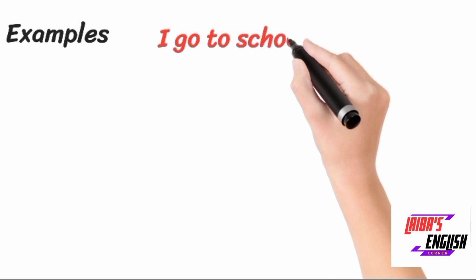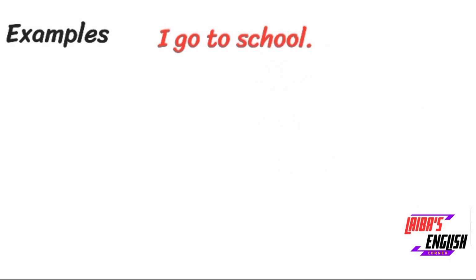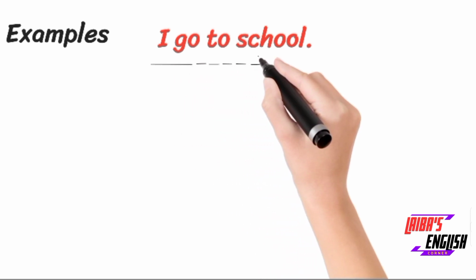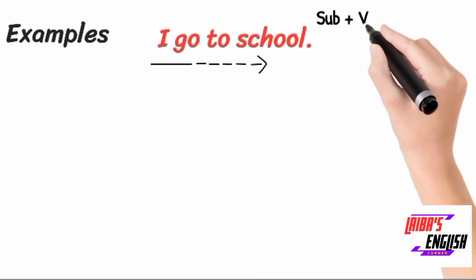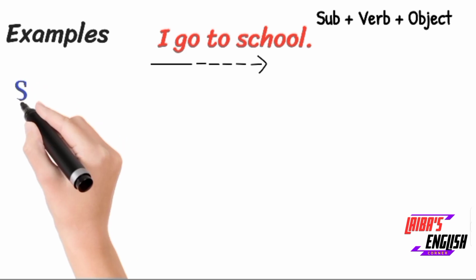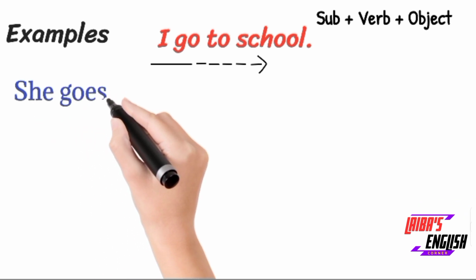For example, I go to school. In it, I is subject, go is verb with the first form, and school is the object. So in this sentence, we have a subject, we have the first form of verb, and we have the object. And this is simple present tense.